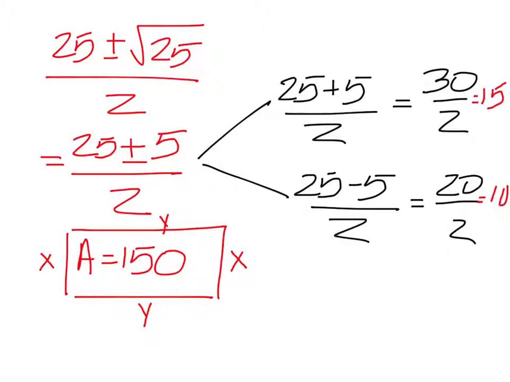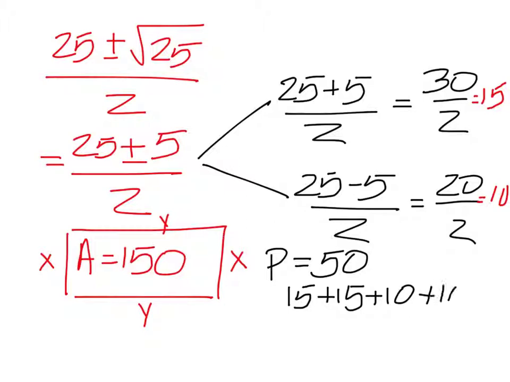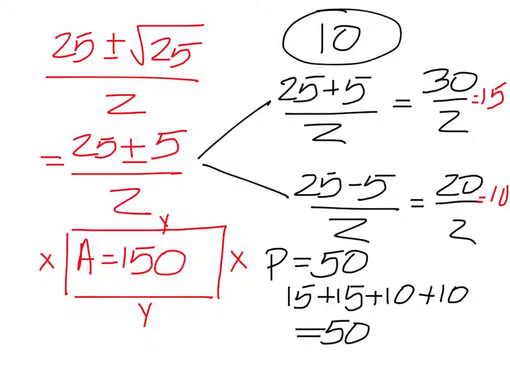Yes. And the perimeter of the rectangle was equal to 50. So if I add up 15, 15, 10, and 10 for all of the sides, does that give me 50? Yes, so that's it. So which one is the shorter side? 10. 10 is the answer to the whole problem.